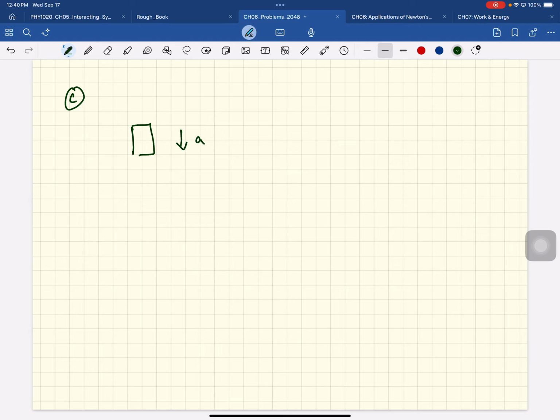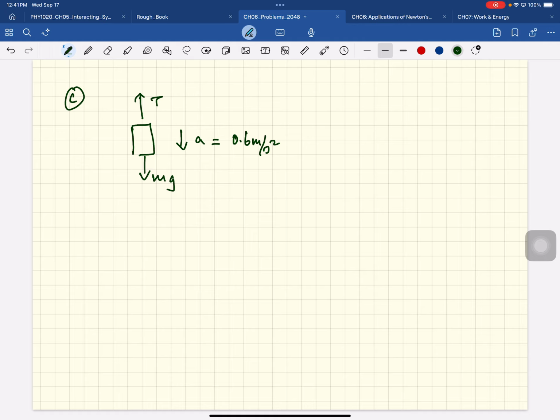Now the acceleration is pointing in this direction, and this is 0.6 meters per second squared.